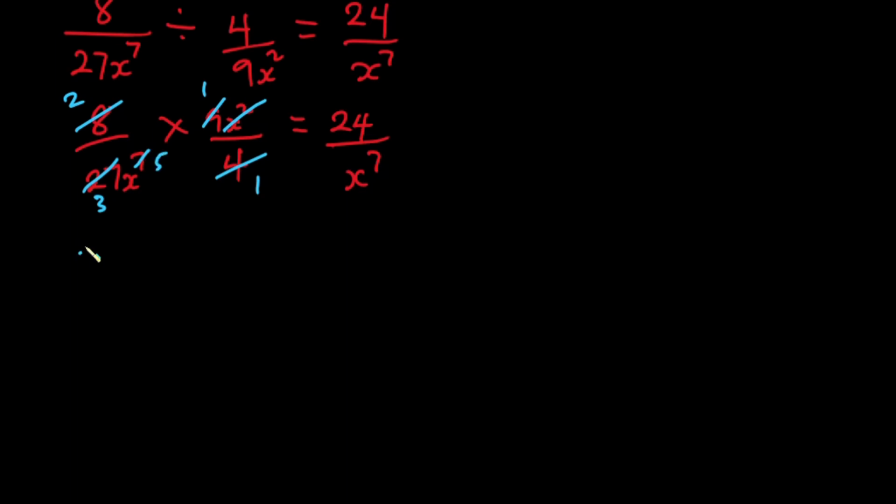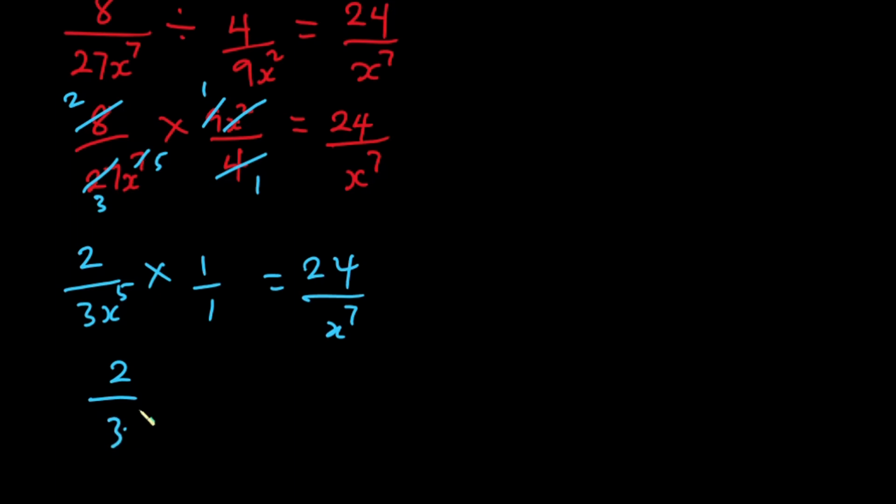So we have 2 on 3x to the power 5 times 1 on 1, and this is equal to 24 on x to the power 7. 1 on 1 is 1, and then 1 times this, we have the exact same thing. So we have 2 on 3x to the power 5 is equal to 24 on x to the power 7.